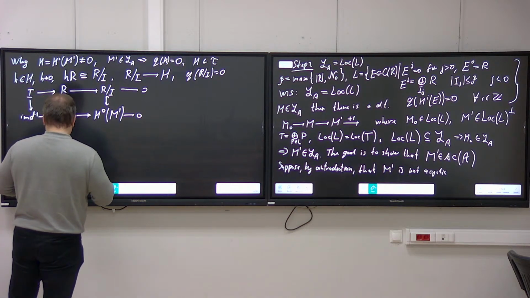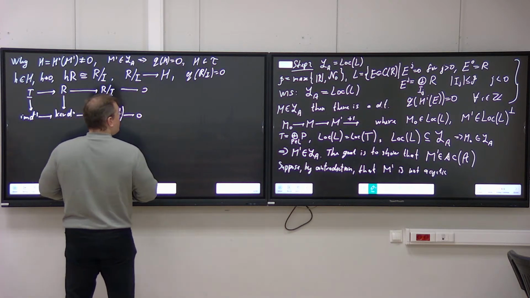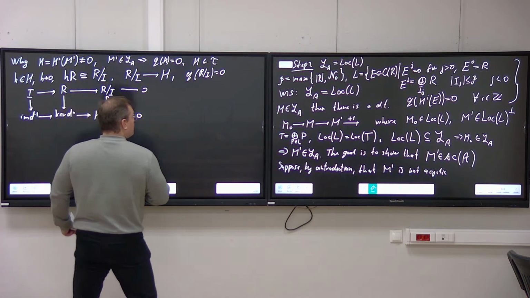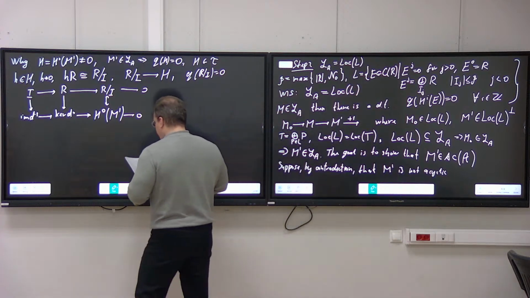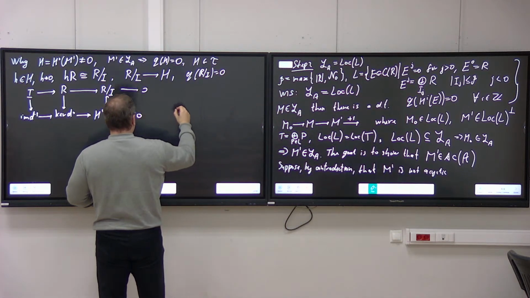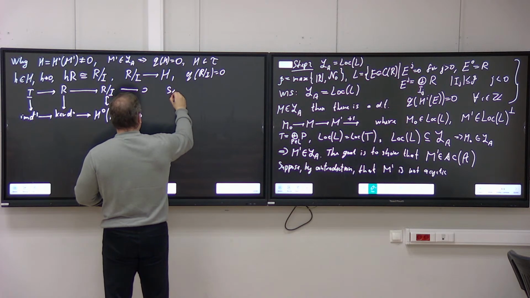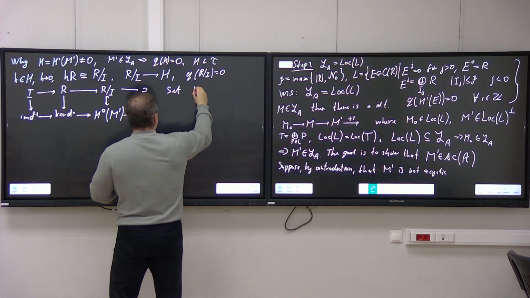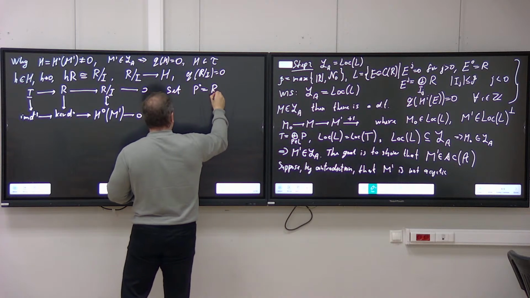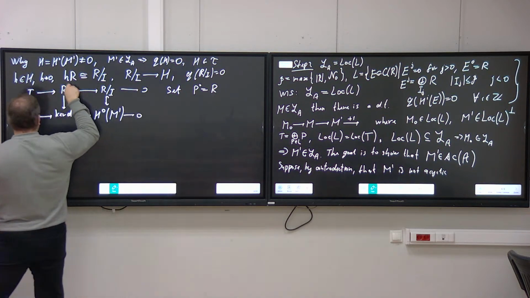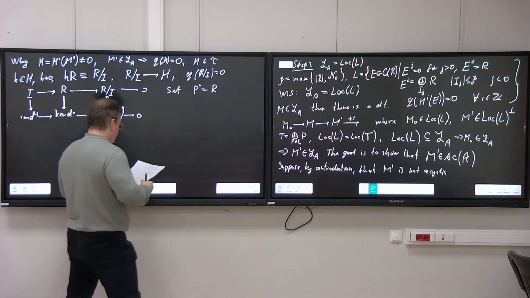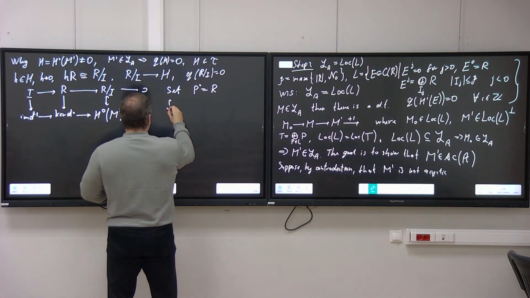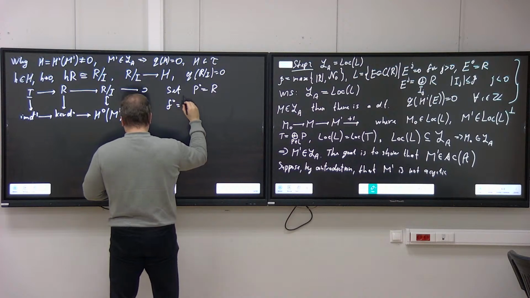So now I want to construct a complex P, which will be an object in the set L. I do this by induction. I set P0 to be by definition R, right? So this is P0, this is R, and this is mapped to the kernel of the d0. And f0 will be, by definition, the following composition of two maps.